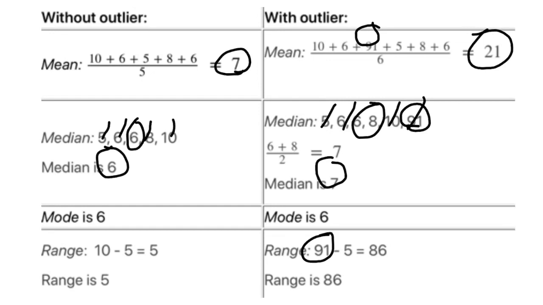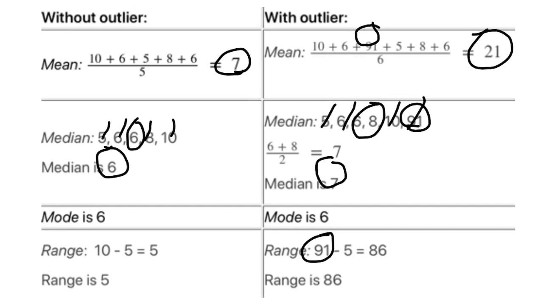But mode is not always the best measure of central tendency just because it's not affected by the outlier. You still really have to think about what the problem is asking us for. Just because a number appears the most often, it doesn't mean it necessarily represents the majority of your numbers.